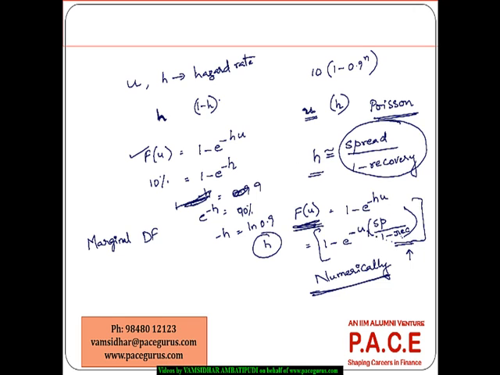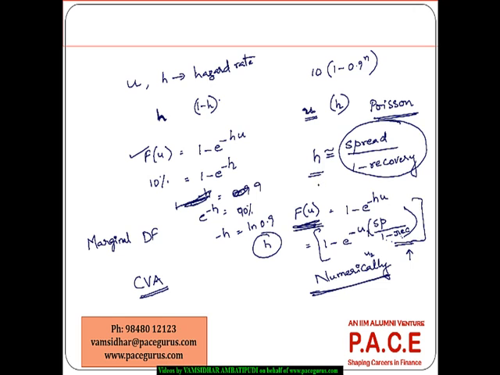So if u1 is for one period and u2 is for another period, subtracting both of them is what is going to come out as the marginal probability between time u1 and u2. And this is the kind of approach that Basel is suggesting to define your credit value adjustment.